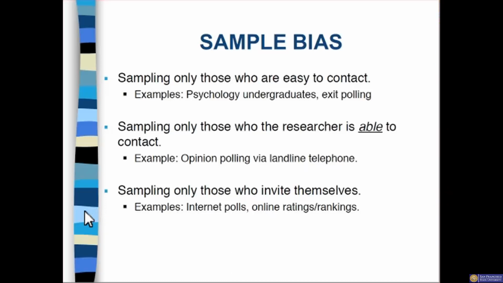The last one is sampling only those who invite themselves. This is common in internet polls or online surveys where people are self-selecting into it. Another form of sampling bias might be when looking at an organizational program, you're only able to sample people who self-selected into the program.